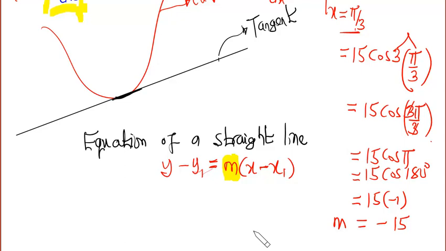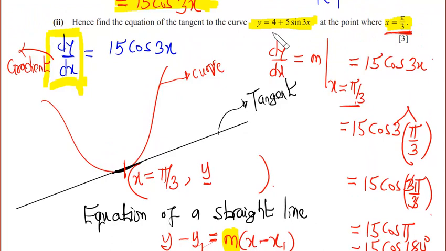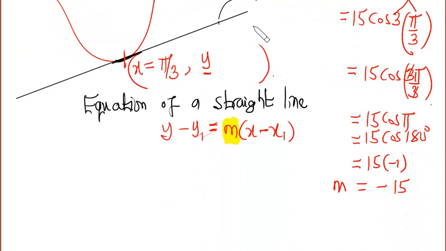Now we require the equation of the tangent at the point when x is pi over 3. At the point when x equals pi over 3, we can get a corresponding coordinate for y. Don't forget, the equation of the curve is y equals 4 plus 5 sine 3x. So to get a corresponding value for y, we have y equals 4 plus 5 sine 3x.